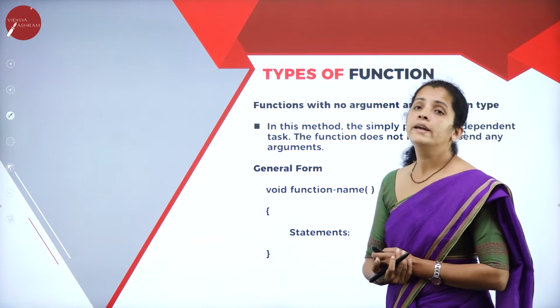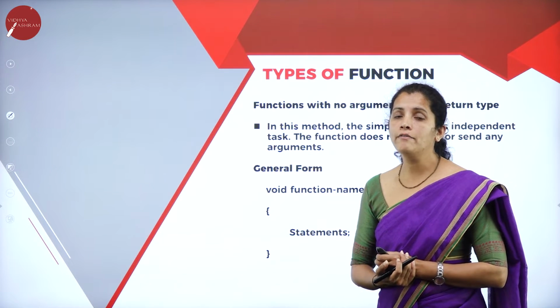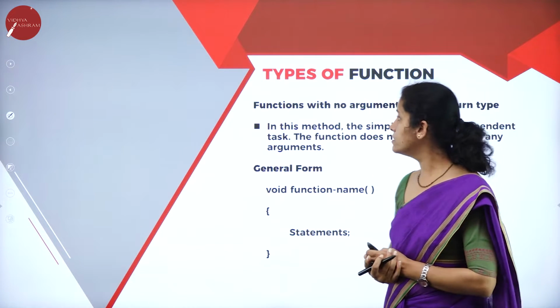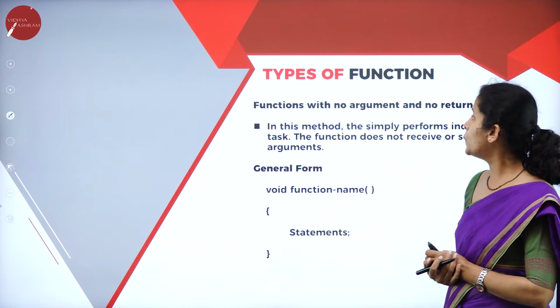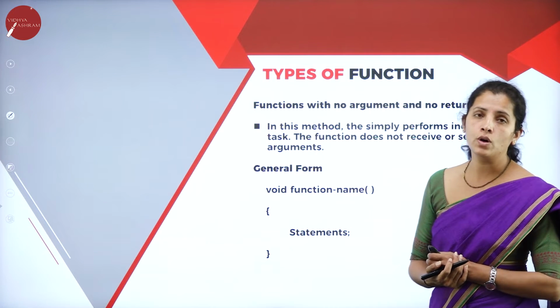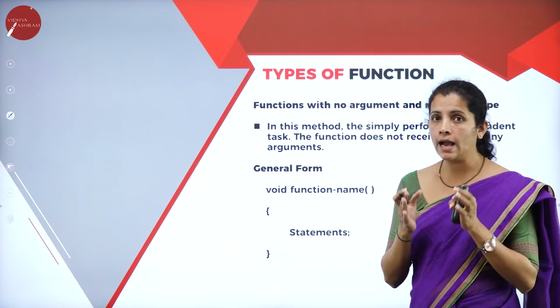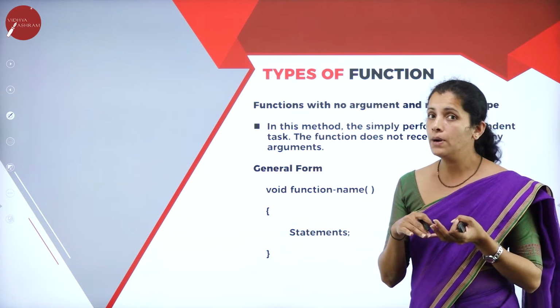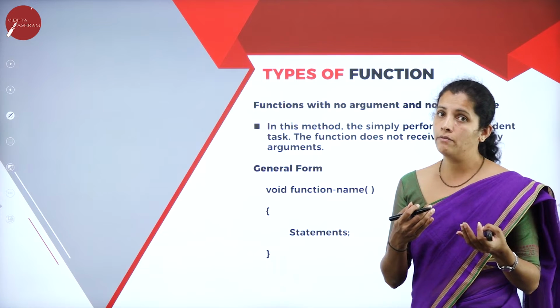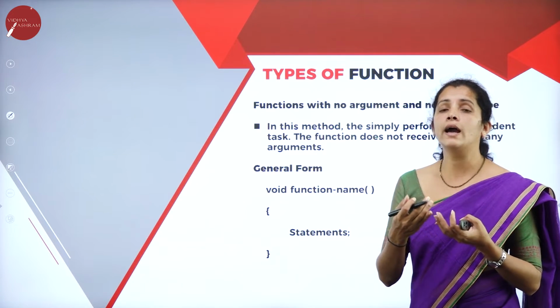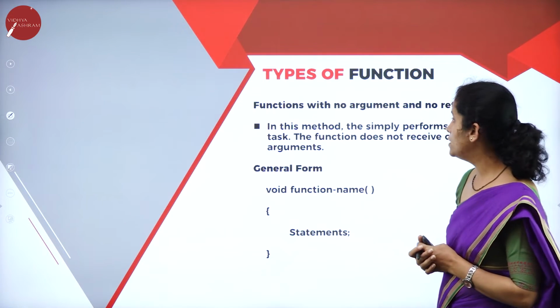Moving further, at the beginning I'm going to have the first type of function, that is functions with no arguments, no return type. So dear student, remember one thing here: I'm having the function, but I won't return any value, and I won't accept any value.